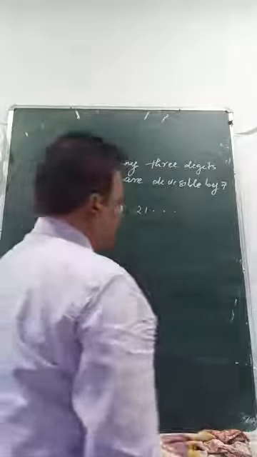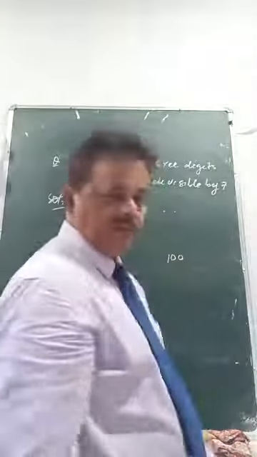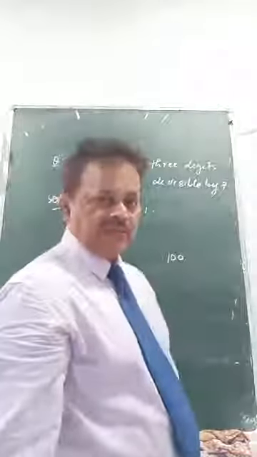So what is the 3 digit number? The starting 3 digit number is 100, but 100 is not divisible by 7.